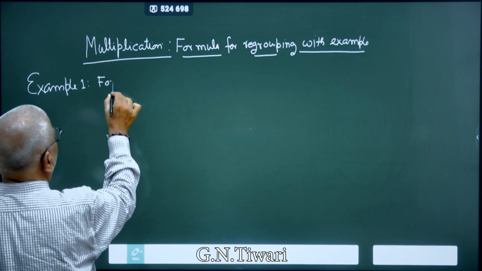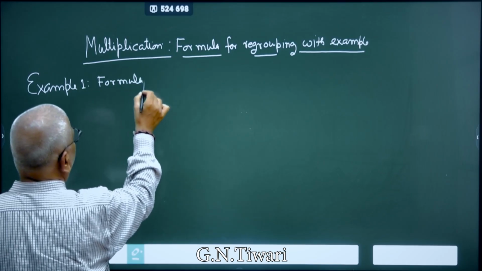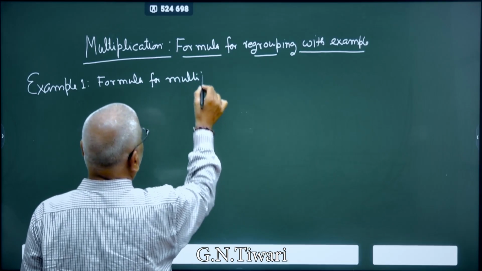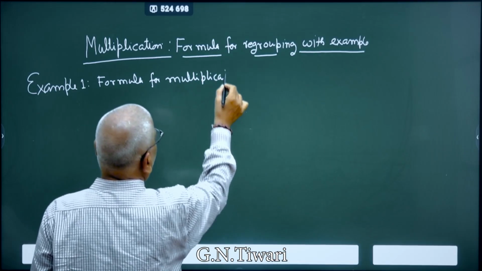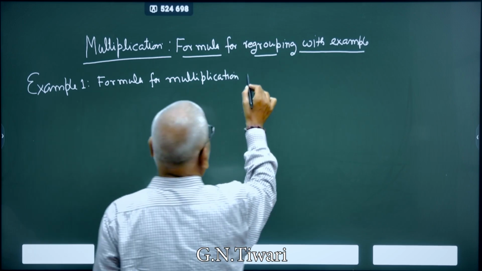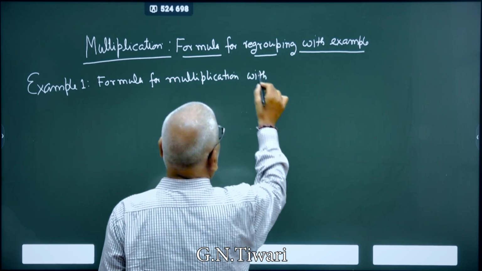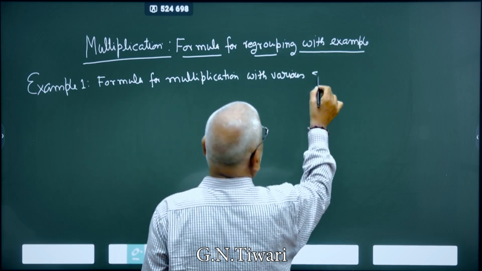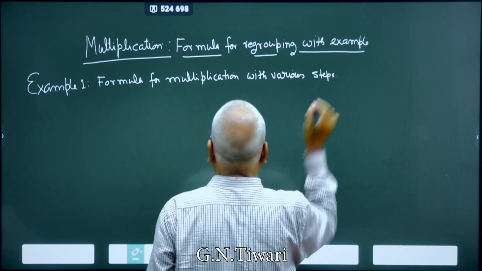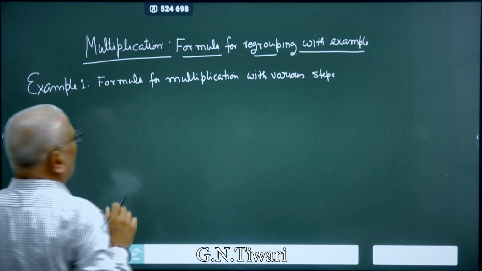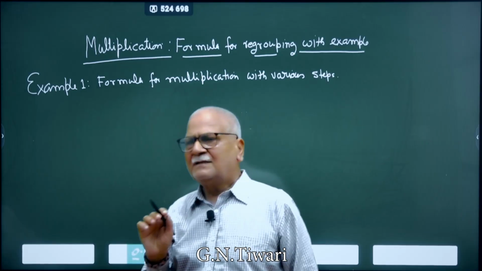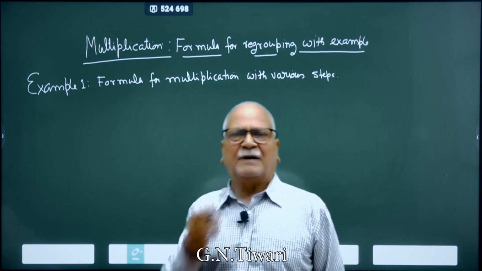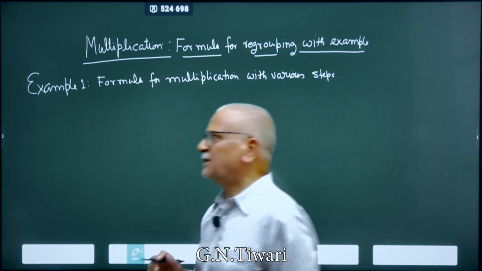Formula for multiplication with steps, with various steps. And I'll consider the 3-digit number multiplication by 3-digit number. I'll just give the general formula.